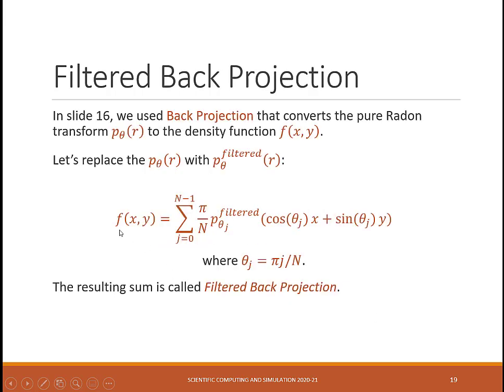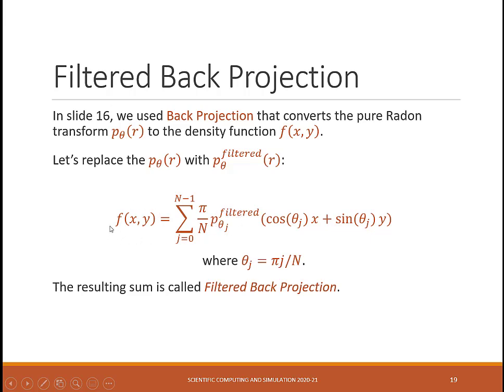Here we have the back projection series that uses the filtered sinogram function p(theta, r) to reconstruct a cross-sectional image. Because of using the filtered sinogram, this series is called filtered back projection. The filtered back projection series converts the filtered Radon transform to a cross-sectional image.